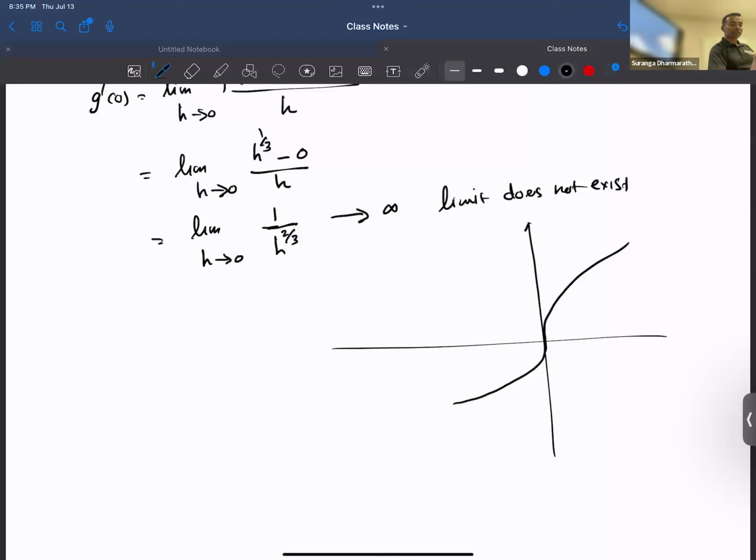So the function doesn't have a derivative at x equals 0, but the function is continuous. It is not differentiable at x equals 0. The difference quotient limit does not exist. See the change?